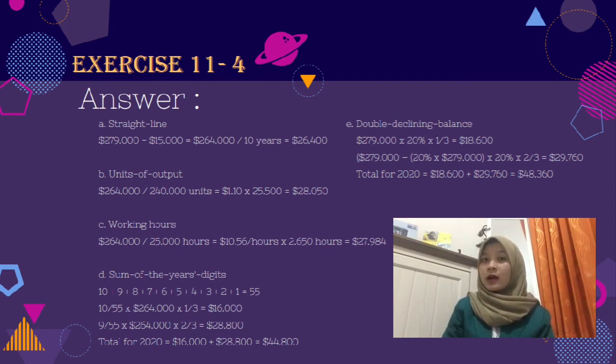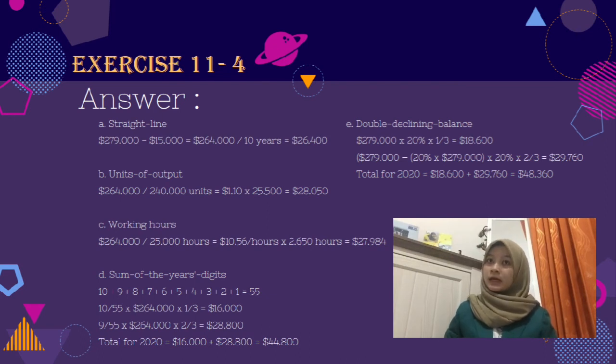Total for 2020 is 16,000 plus 28,800 is $44,800.